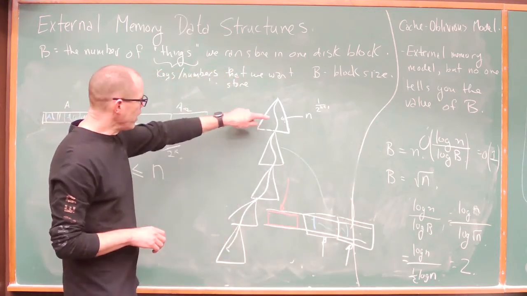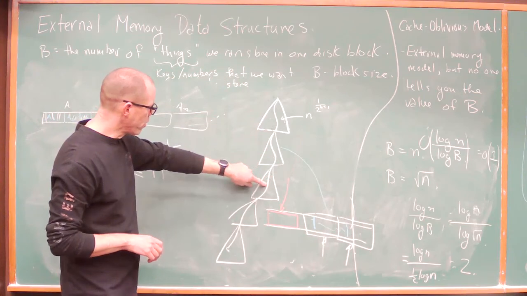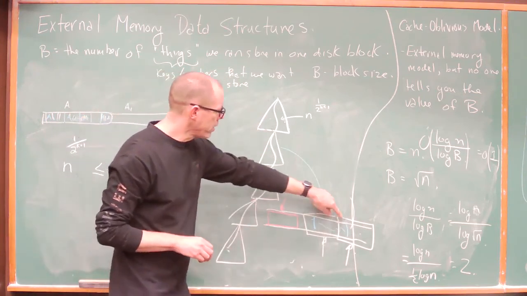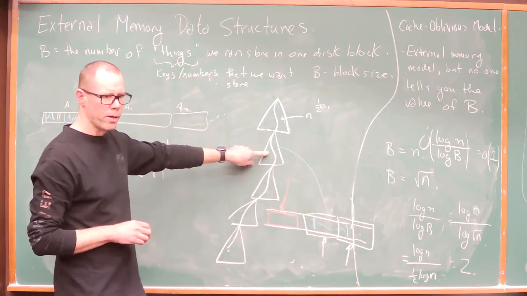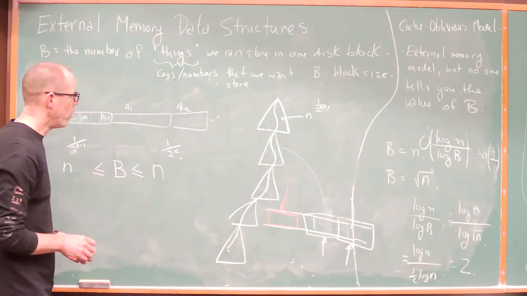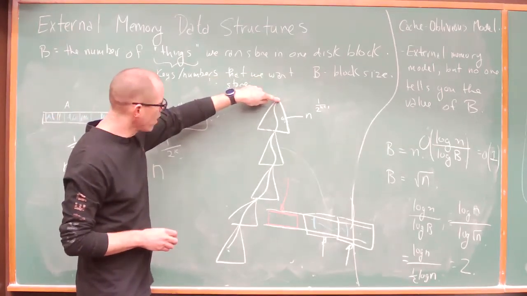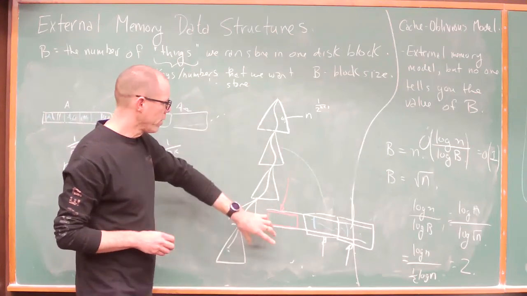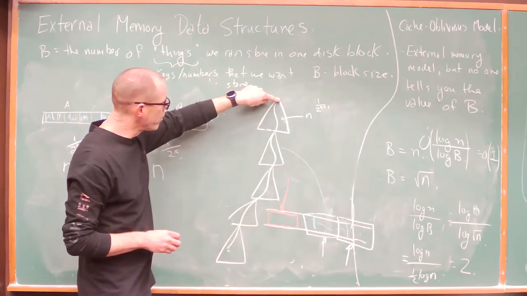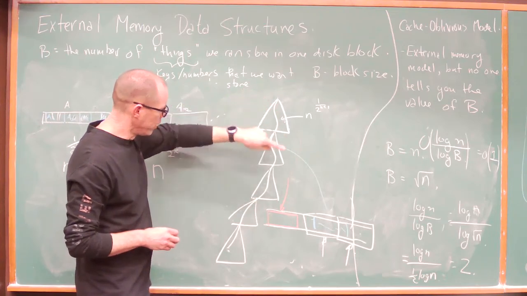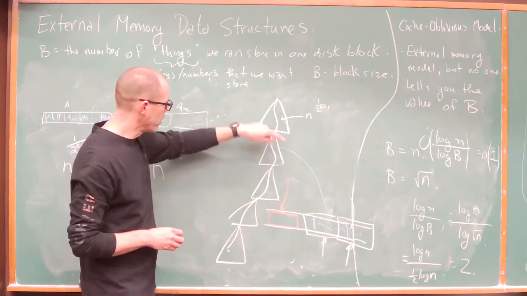All right, so for each of these trees that my search goes through, there are 2 disk blocks that contain all the values in this tree. So when I look at the first thing in this subtree, that causes a disk block to get retrieved. And then I can search in this tree as long as I'm only in that disk block.